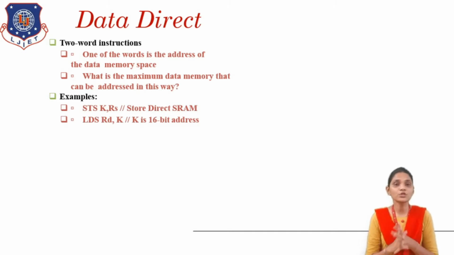In both kinds of instruction you provide the direct address, and the data from that address is stored into the register, or data from the register is stored at that memory location.